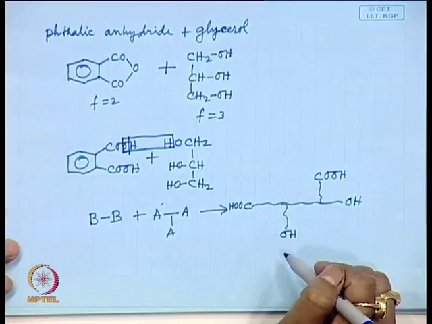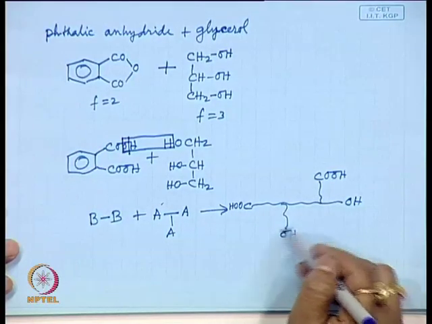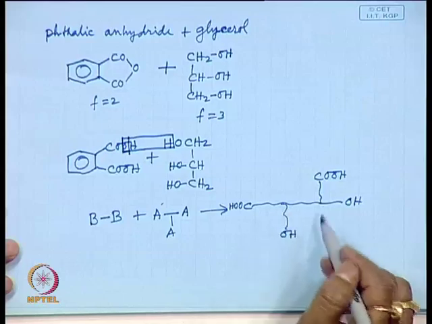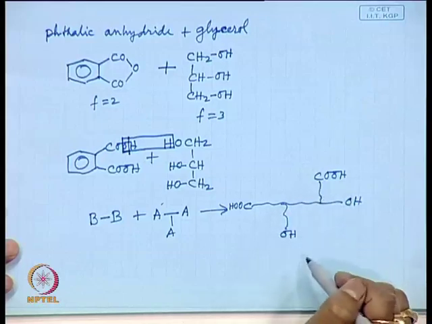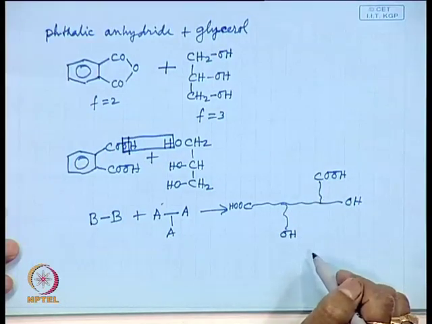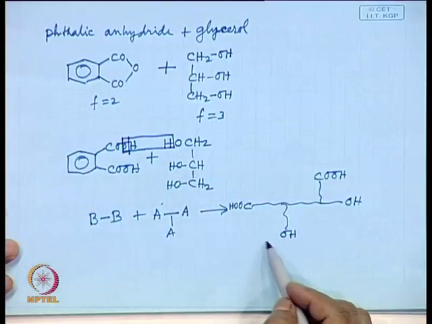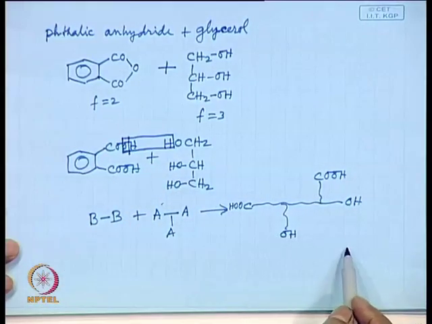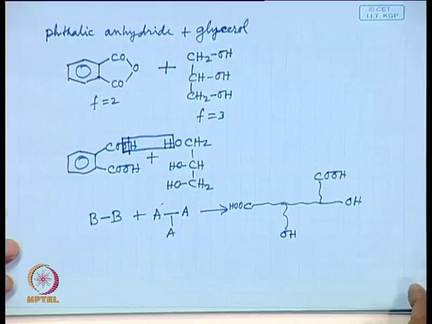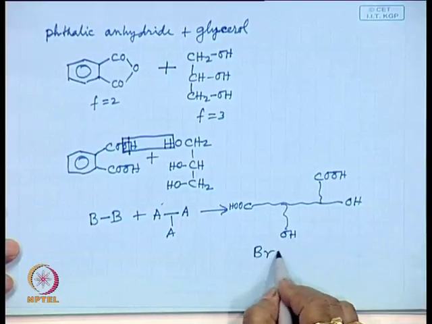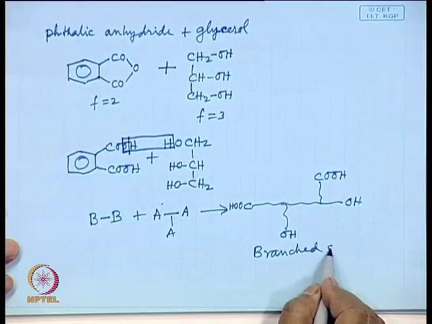They are further reactive. It can react with another species of this kind. So, what will happen? It will continue to grow bigger in size. So, this is a branched structure.